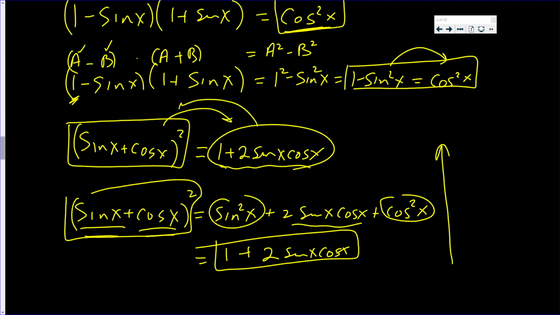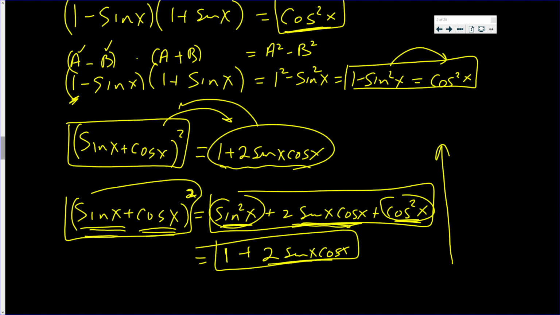Read upwards. Replace 1 with sine squared x plus cosine squared x. This didn't change. And then say, oh, I know what this is. It's sine x plus cosine x all squared. It's easy to see once we proved it in the other direction, but just read it backwards.